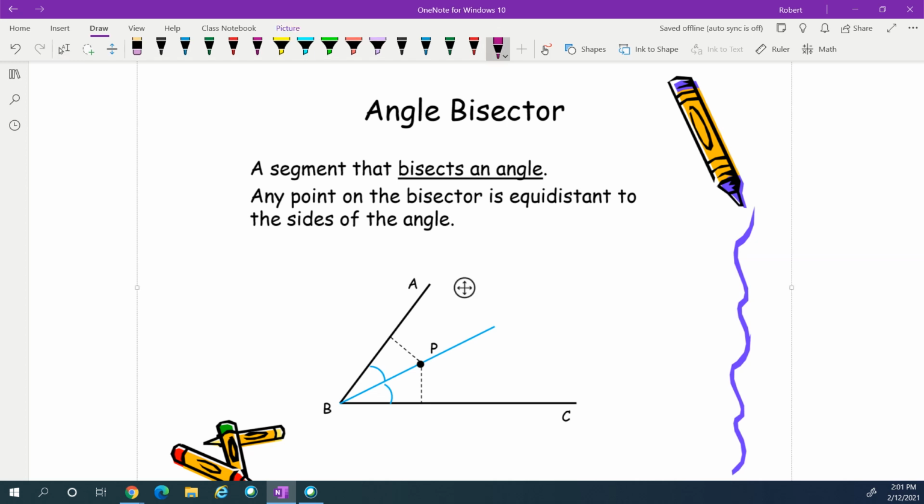So from point P to side AB, from point P to side BC has to be congruent. But these have to be perpendicular measurements. They have to be perpendicular measurements. And again, they will be equal distance.